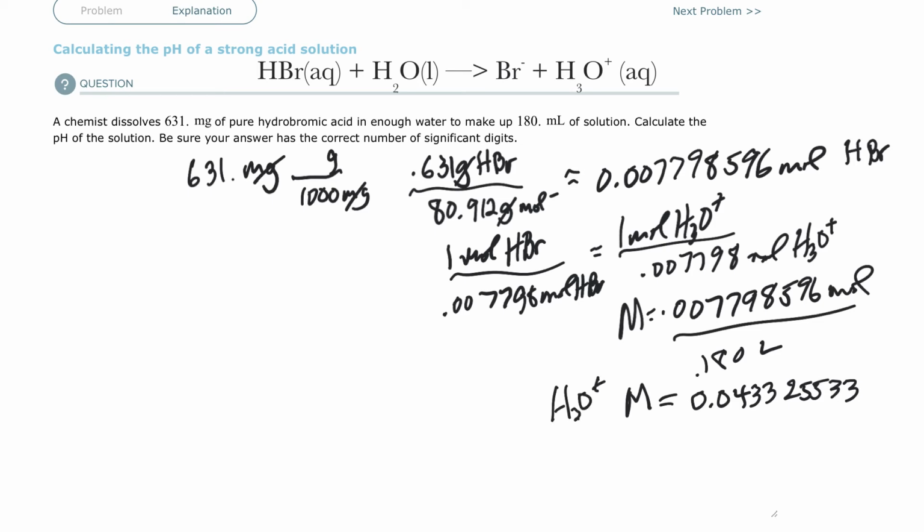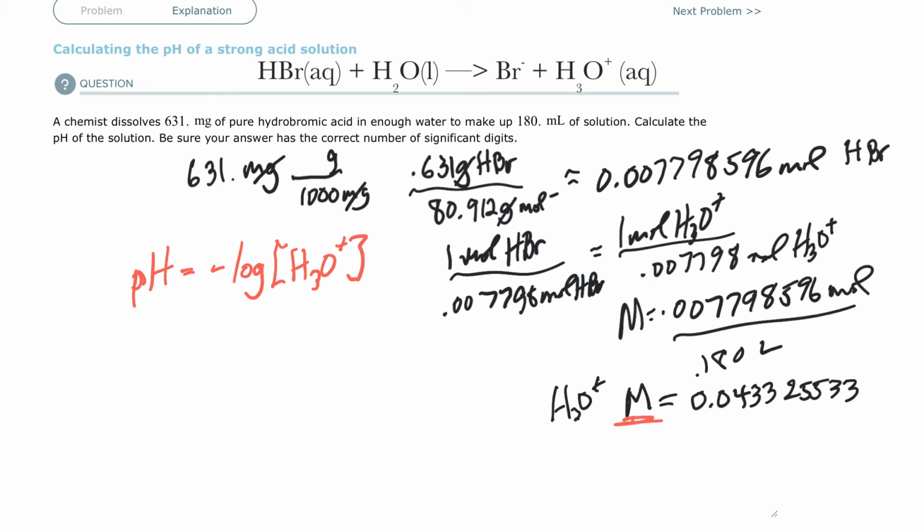Well, what's the next step? You're going to need to find its pH. I've got the molarity of it. What's the pH of it? So there's just one more step. The pH has a definition. The pH is equal to the negative logarithm, base 10, so it's log on your calculator, of the concentration of the hydronium ion, which is your molarity.